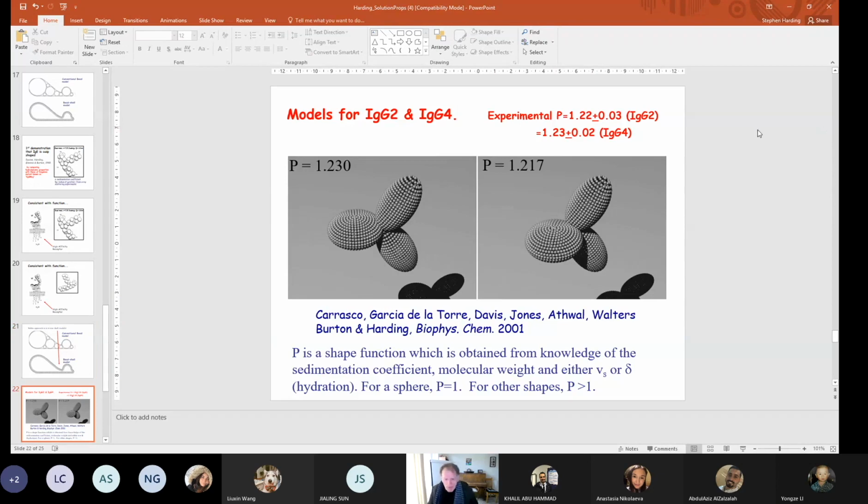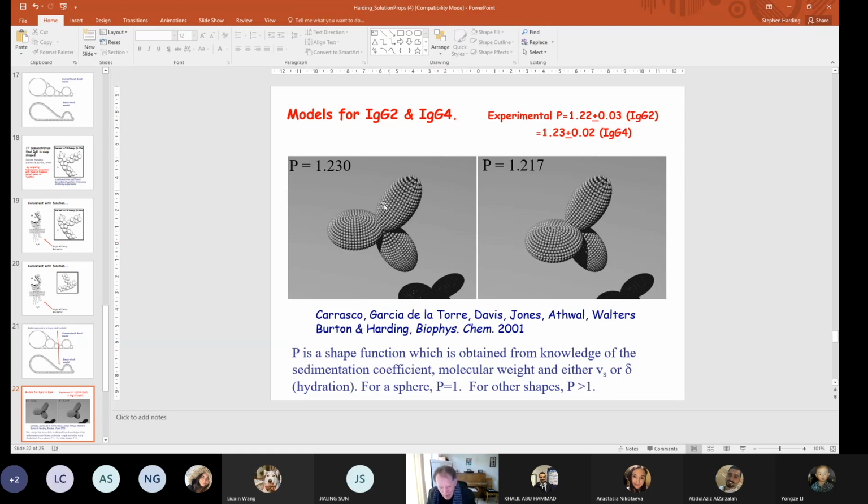And here's some bead shell models. Now these are representations of the IgG2 and IgG4 antibody molecules, which are quite similar in conformation. So, as I said, we don't get atom by atom resolution with these methods.